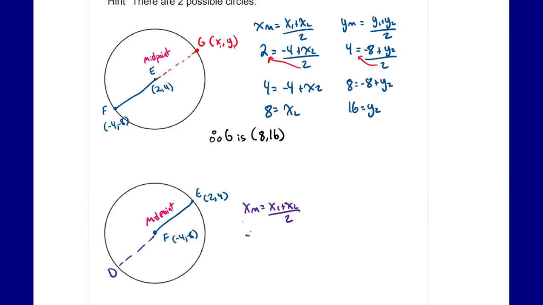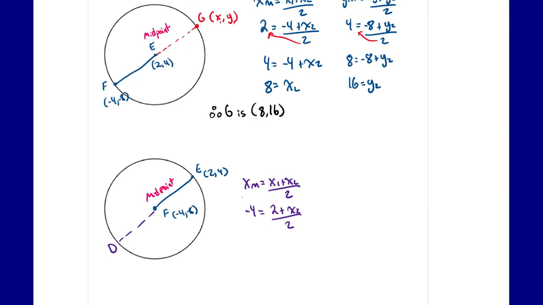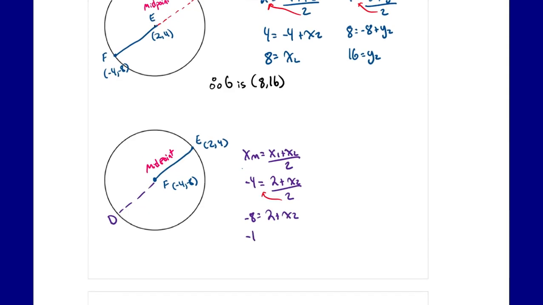My midpoint is -4, so -4 is equal to 2 plus something divided by 2. Bring the 2 up to multiply: -8 is equal to 2 plus x2. Move the 2 over, it becomes subtraction. We get -10 is equal to x2. So that is the x value of that other endpoint.